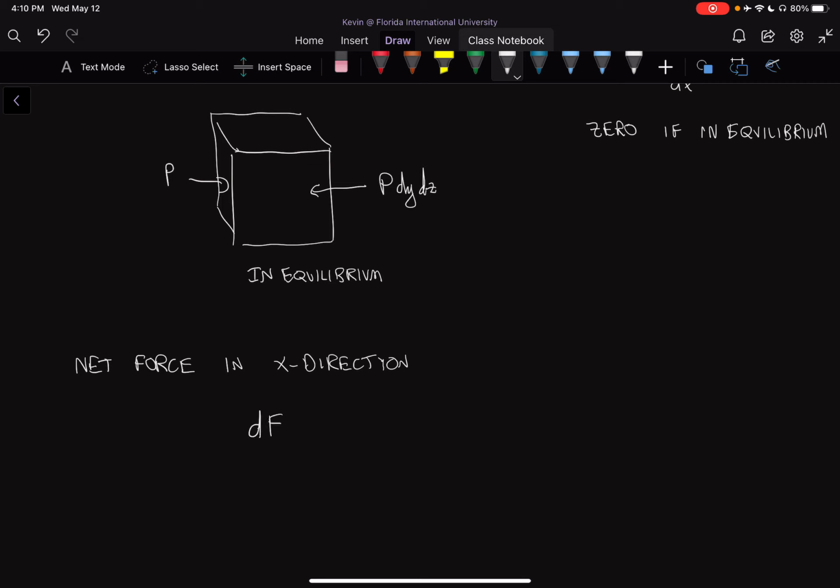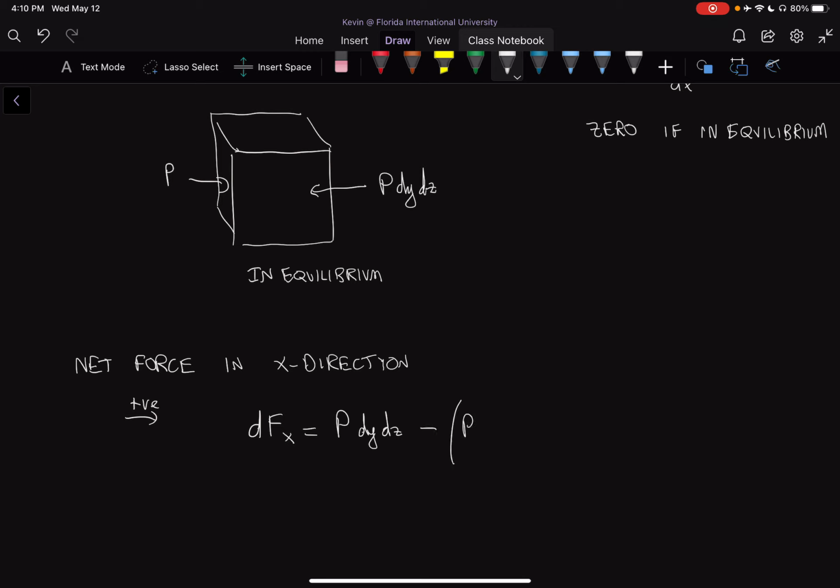So we can say dFx is equal to, and we're going to assume that positive is towards the right. Okay. We're going to say that dFx is equal to p dy dz, which is going towards the right, and then minus whatever's on the left side.